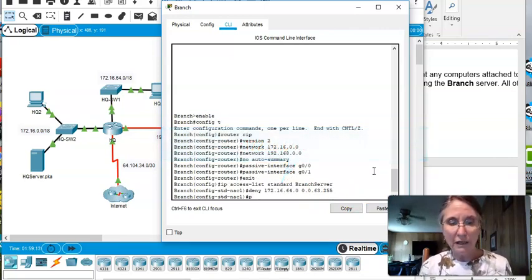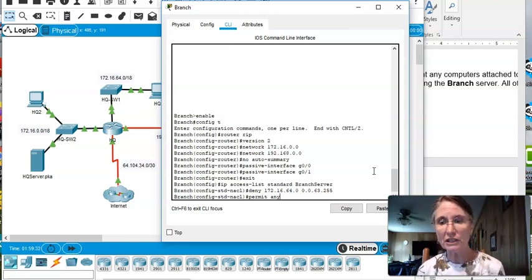Also remember, all access lists must have at least one permit statement, or everything will be denied, because all access lists implicitly have as their last statement a deny all.